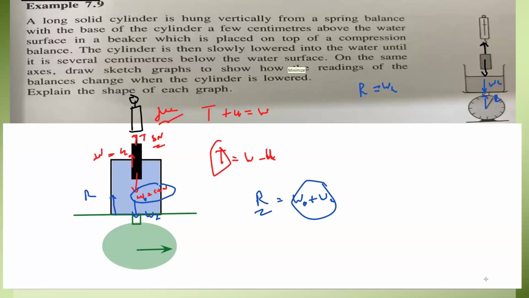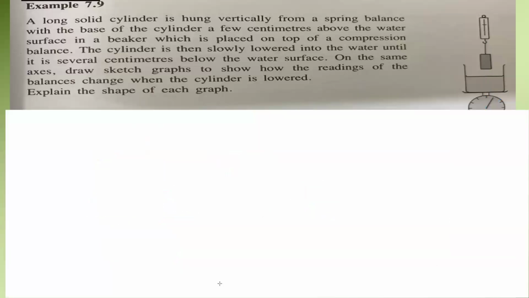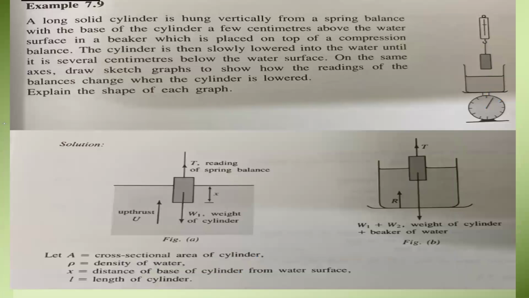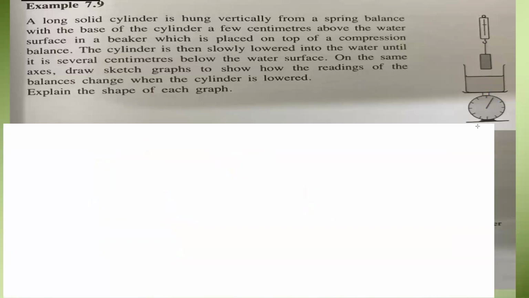So actually what is happening? Yeah, it's the same idea, same concept. That's why I said how much increase there is in the reading, that same amount will decrease for a spring balance, and the same amount will increase for the compression balance.